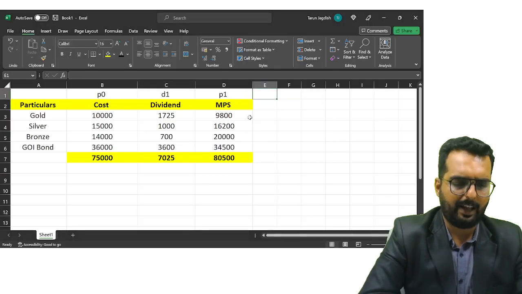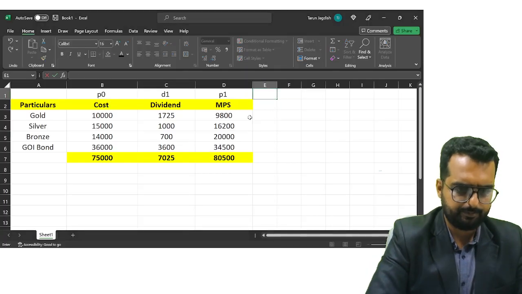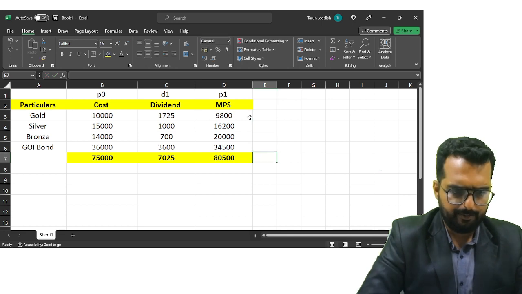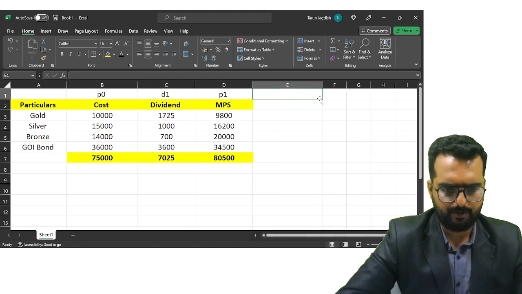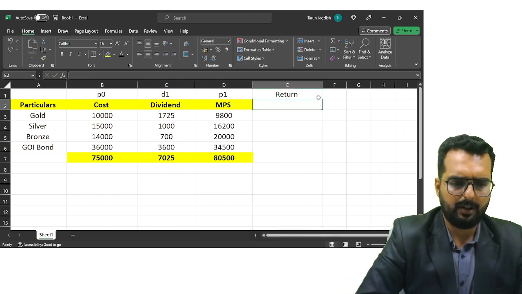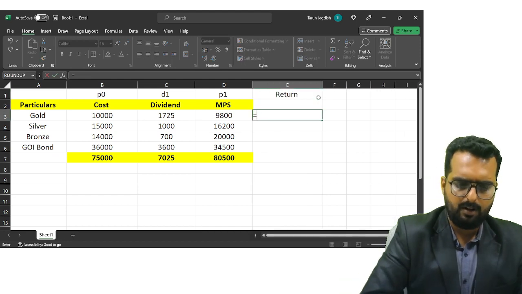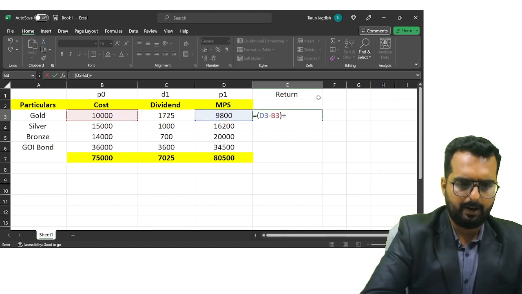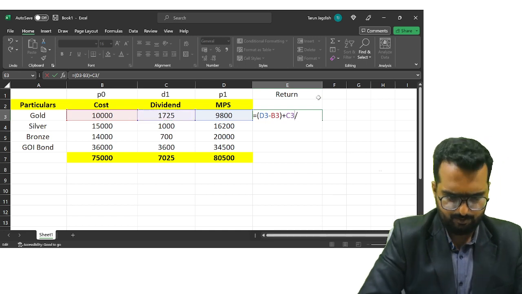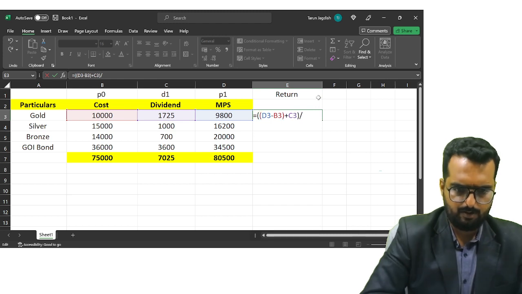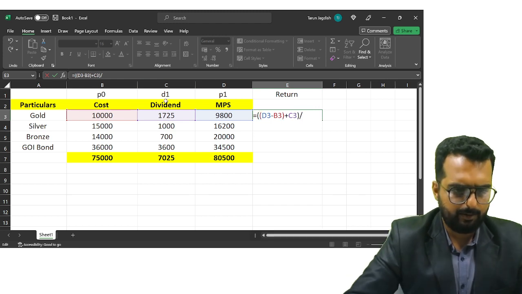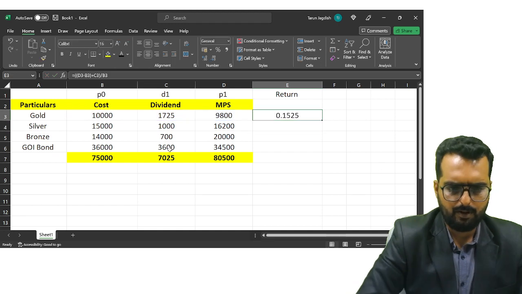Okay. From this, can I find out the returns? Correct. Okay. I'll just go and write down over here. I can work out the return. So the formula would be P1 minus P0 plus D1, divided by P0.